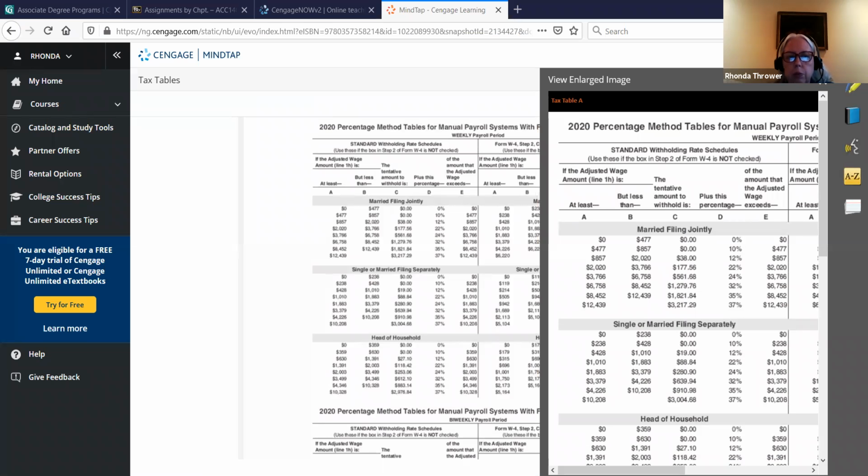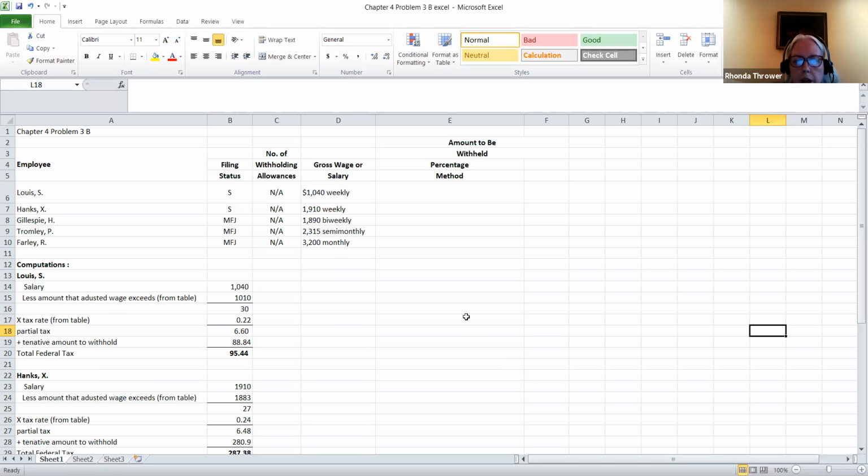Okay, you should be able to see this, but I'm not sure if you can or not. So for a second, I'm going to go to a new share and let me see if I can pick that up. Yeah, here we go. Now you should be able to see the Excel spreadsheet.